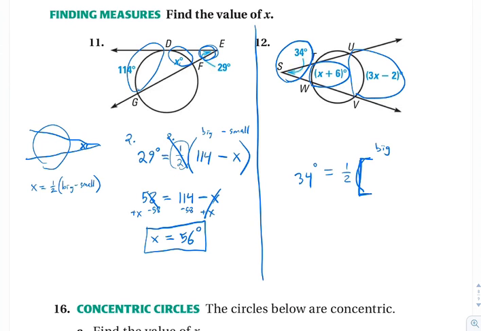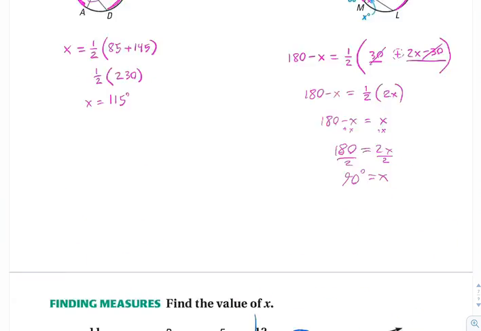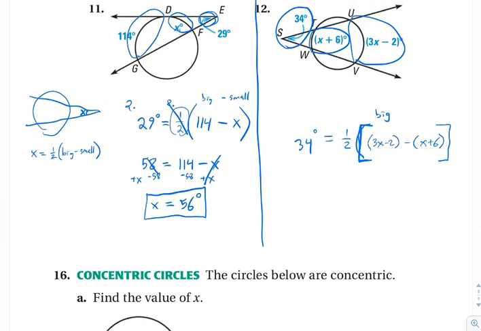They have no different meaning than regular parentheses, but for eyesight, it makes it easier to separate which is which. So big arc, 3x minus 2, minus the small arc, x plus 6. And notice I'm using parentheses now around that because I'm subtracting the whole group. So I need to distribute this negative in.